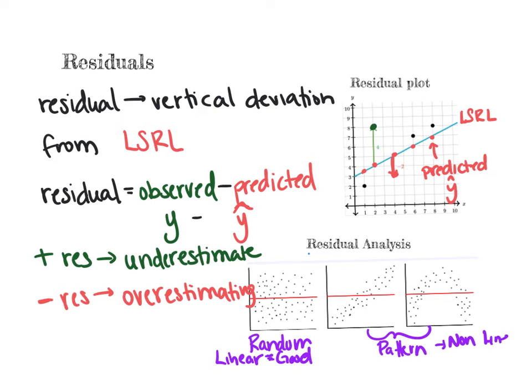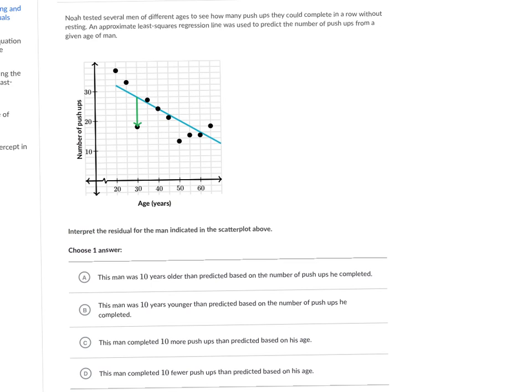These are non-linear. And so what we're going to do is create this residual plot, and we look at that to assess the model fit. We're going to talk more about that. And the other thing we're going to look at is a value we call the coefficient of determination. It's going to help us determine which model is the best model when we create these things.